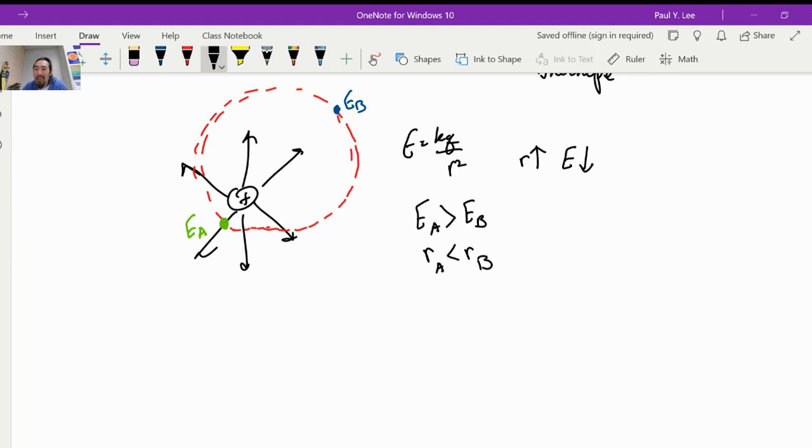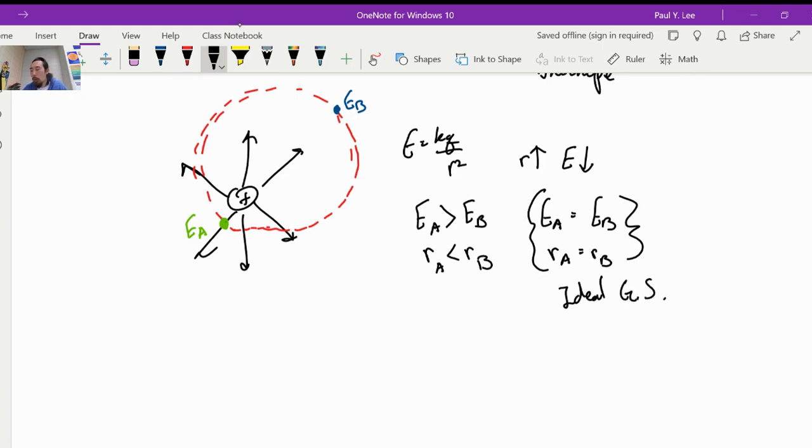It's right in the middle of it. So if we do that correctly, we will have a situation where EA is equal to EB, okay, where RA is in fact equal to RB, and this is for the ideal Gaussian surface. Okay, so this is what we want.